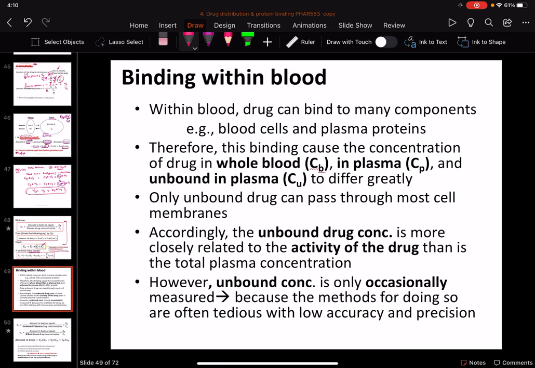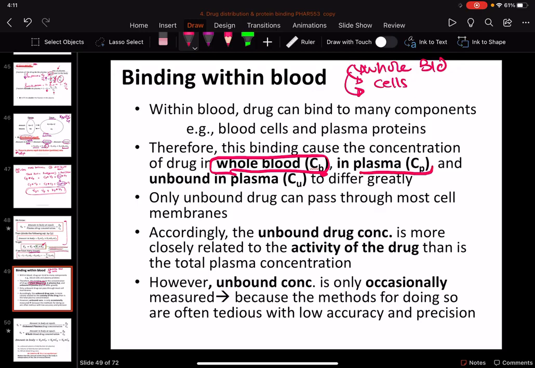Okay. For the binding within the blood, we know that we have whole blood, we have cells, we have plasma, we have serum. So the measurement that we have differs according to where I do the measurement. So if I measure the concentration of the drug in the whole blood, again, the symbols I'm using here are the same symbols used in your reference, but could be different with different references, okay?